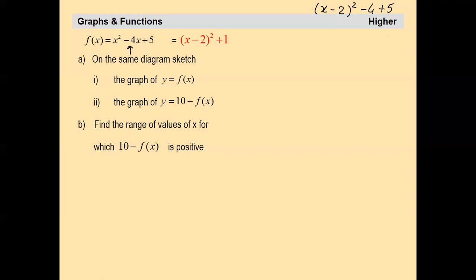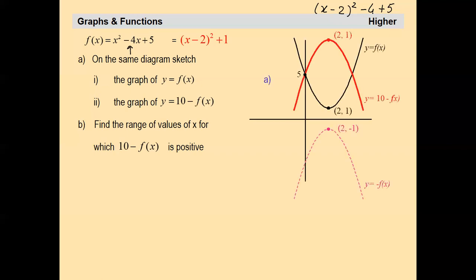So basically that one is my minimum turning point. It's going to be the lowest value of my function. And that happened when x equals 2. Now, when x equals 0, you cross the y-axis here at 5. So you can draw this f of x.